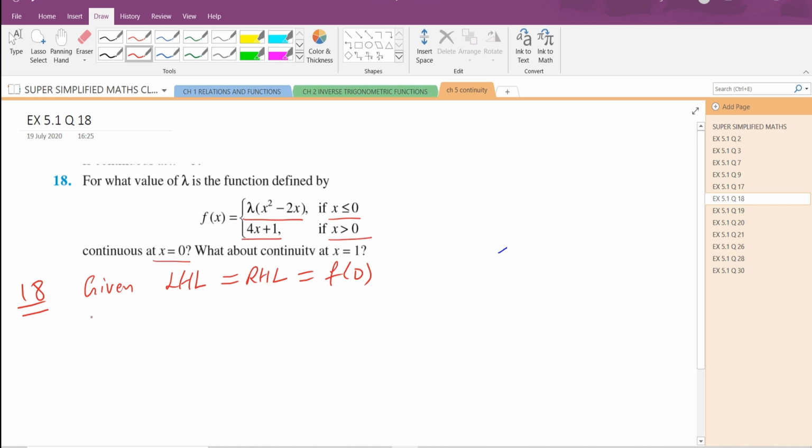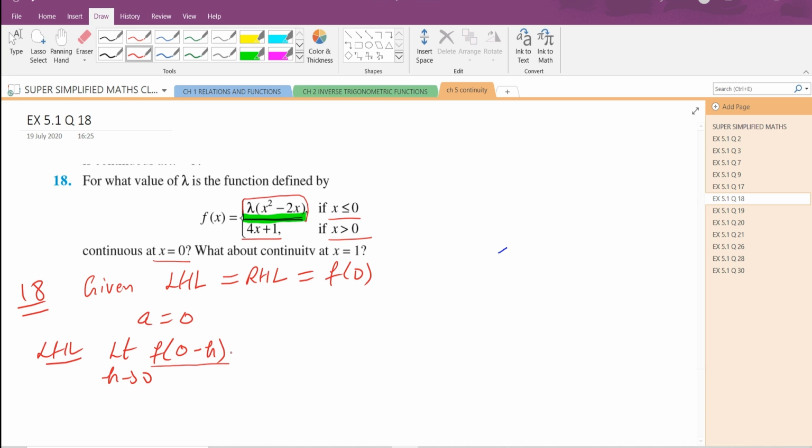So therefore, now the point a is 0. Left hand limit will be limit h tends to 0 f of 0 minus h. Now this is the function for the left hand limit. So to get the value of f(0 minus h), in this expression we substitute x to be 0 minus h.